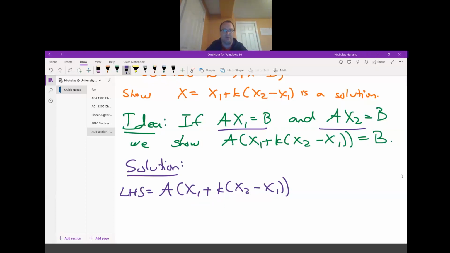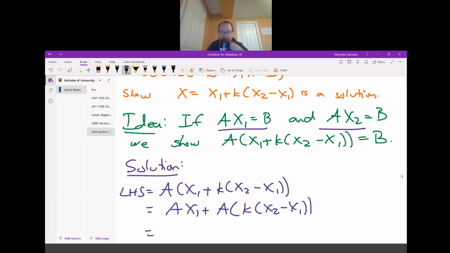The distributive property, that we can multiply over the addition. So that's ax1 plus a times k(x2 minus x1). All right, beautiful. No, you don't need to know the names of the properties, but it helps when I'm asking them in the chat if you do. If I say it 50 more times, then everyone's going to know.